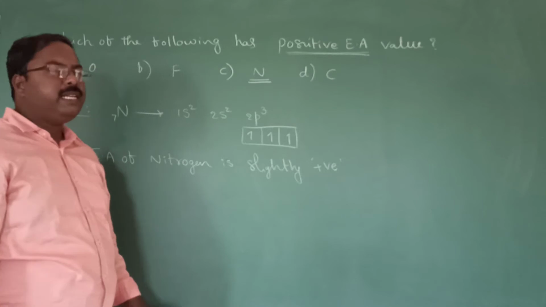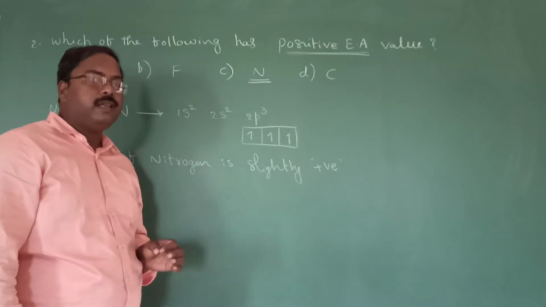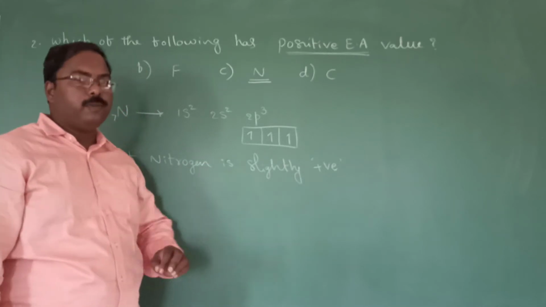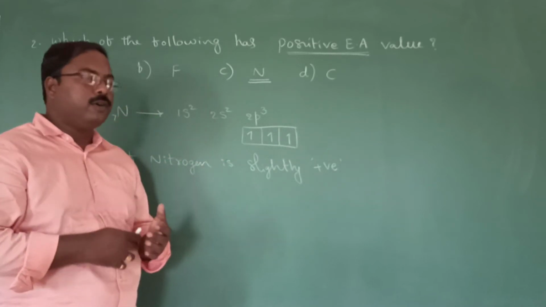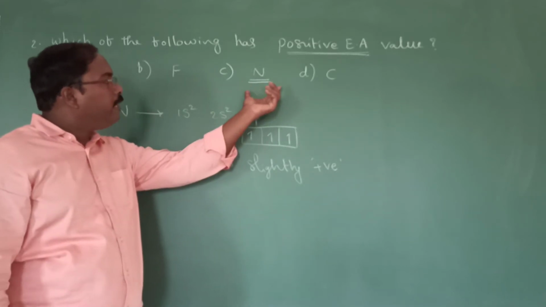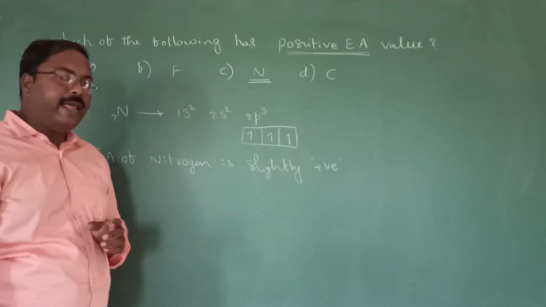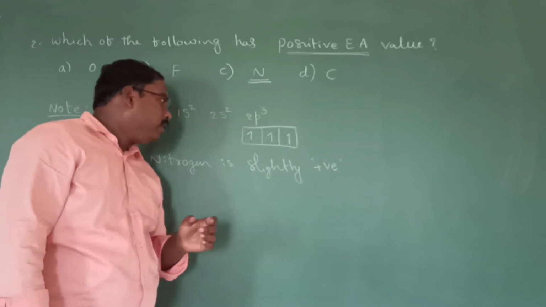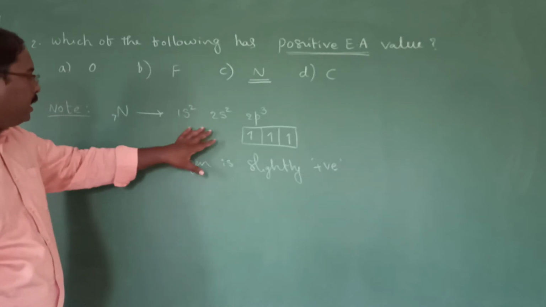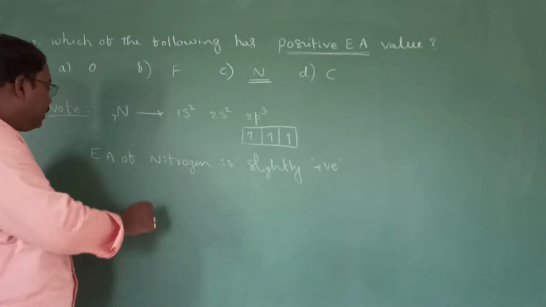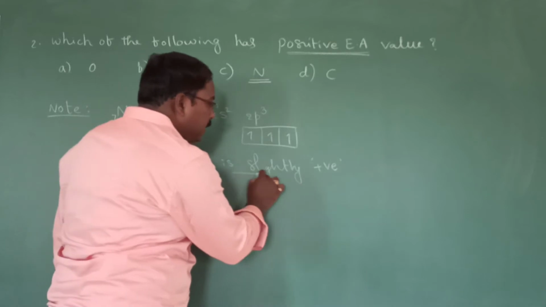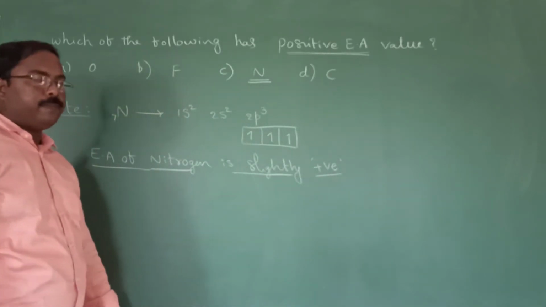Very small energy will be released, nearly zero, just more than zero. Note this down and highlight this point also: the electron affinity of nitrogen is slightly positive.